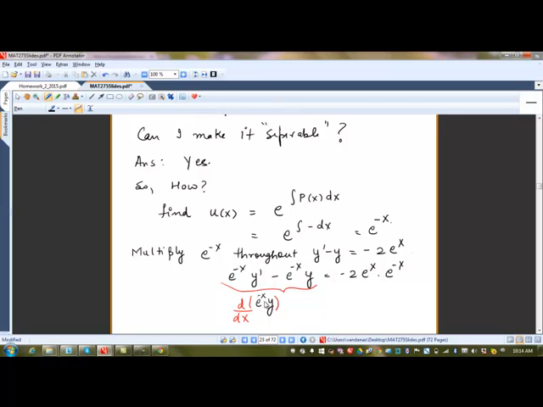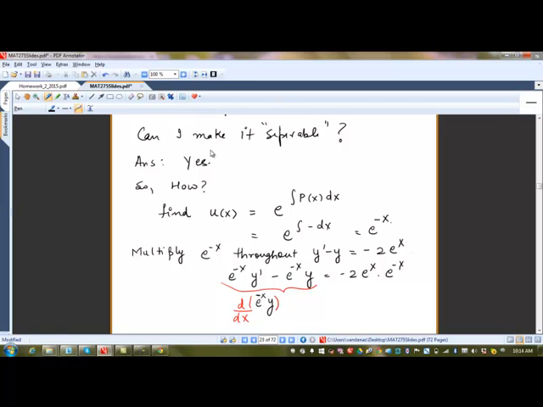Let's see product rule. y prime e to the negative x. E to the negative x derivative is negative e to the negative x times y. So by product rule, this left hand side gets merged into the function which I computed times the unknown function y. And this is going to happen every single time.